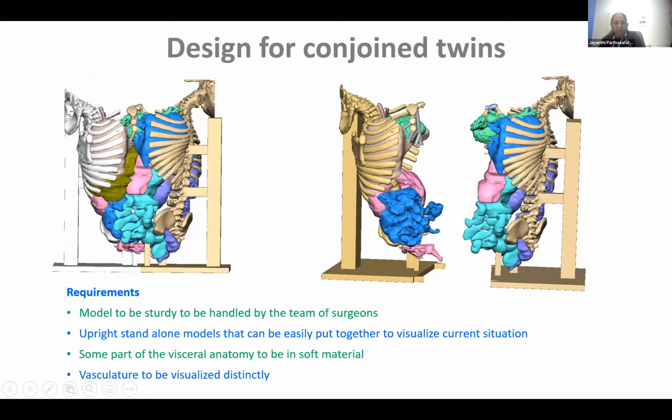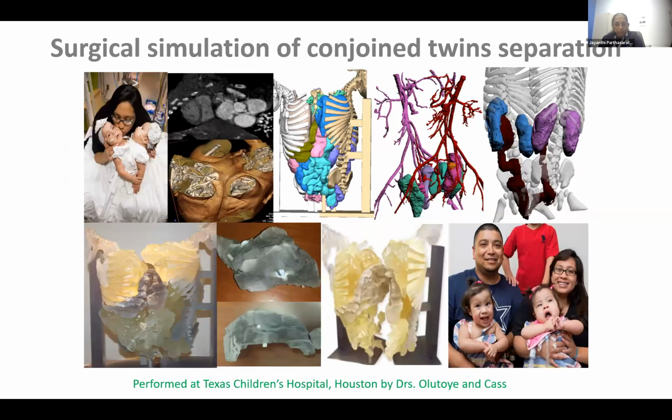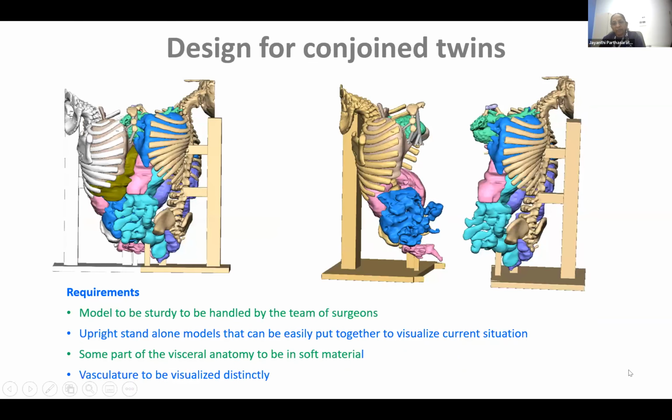Here you can see the models were made so they could be together, or when the kids were separated out, we were able to take the liver into 2 parts. These 2 were made with a connection to the spine, which you can see here, which can be fixed back and removed as well.